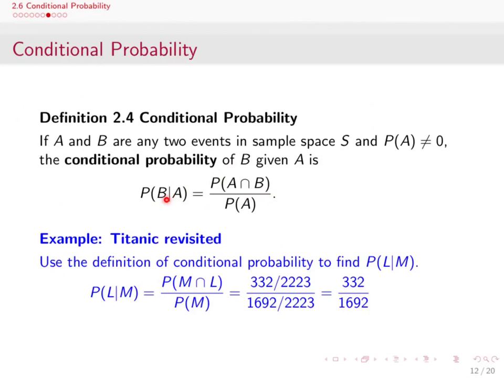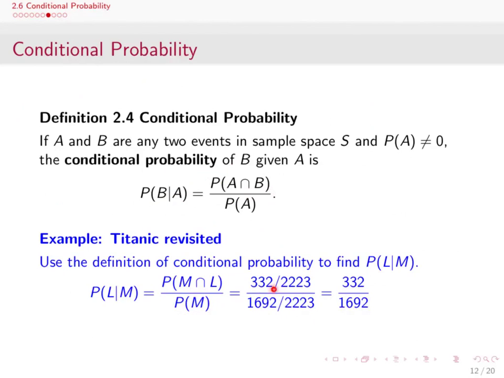So if we revisit the Titanic example and we apply this conditional probability formula, say we try to apply it to the probability that a passenger survives given that they were male, we'll compute the probability of the intersection of being male and surviving, dividing that by the probability of being male. So remember, there were 332 survivors out of all 2,223 passengers.